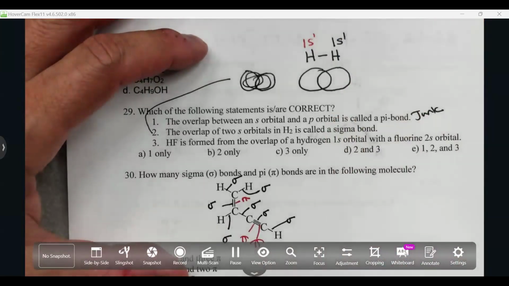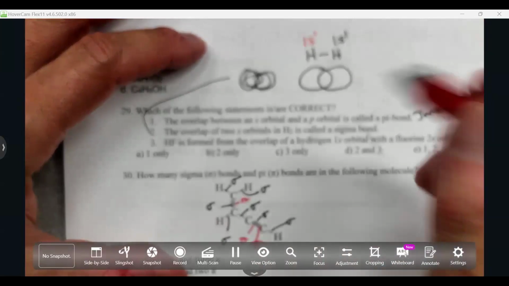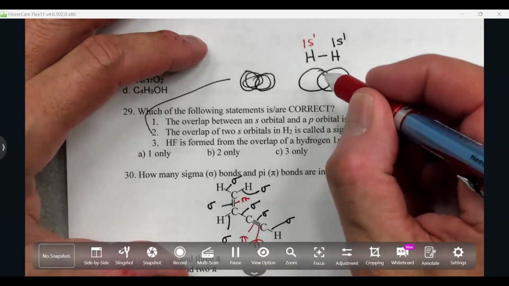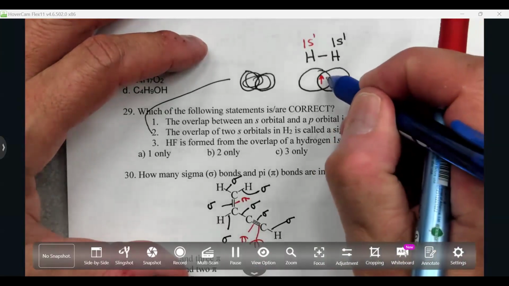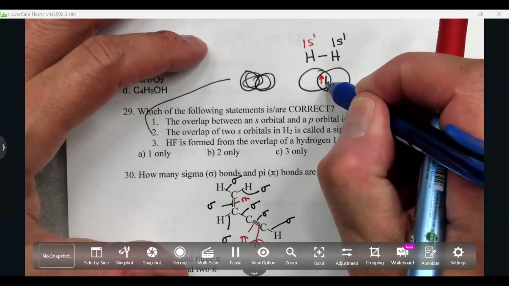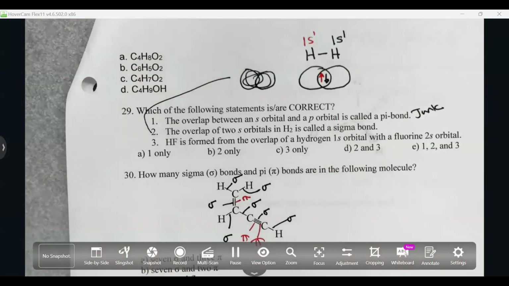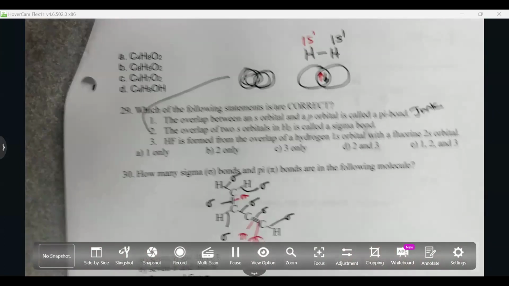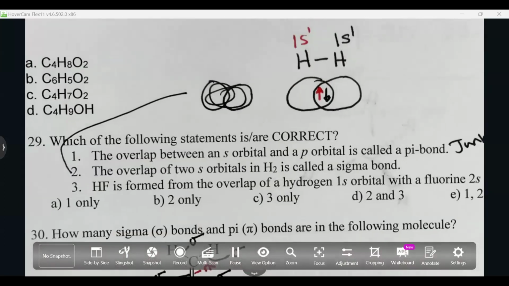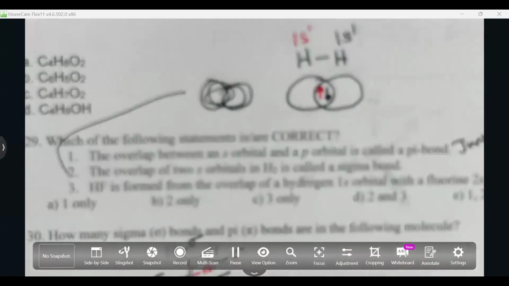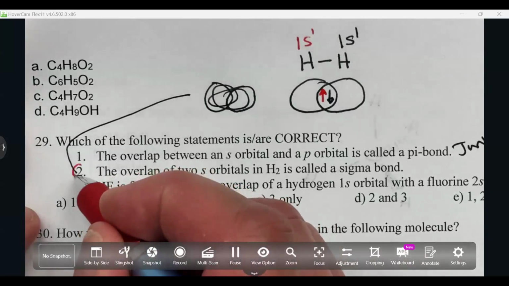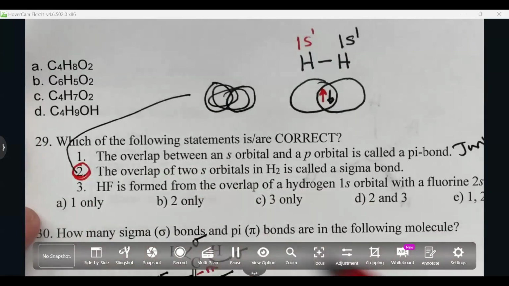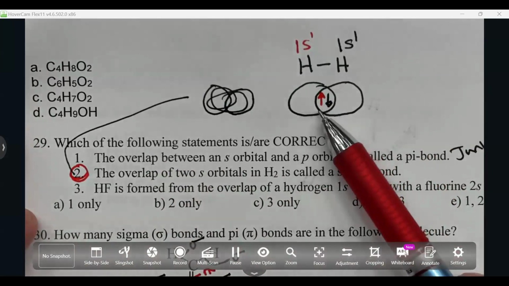You can picture that as one electron spinning one direction, one electron spinning the other direction to make the bond. And that is a sigma bond. That would be fine. Just an electron from each, right?